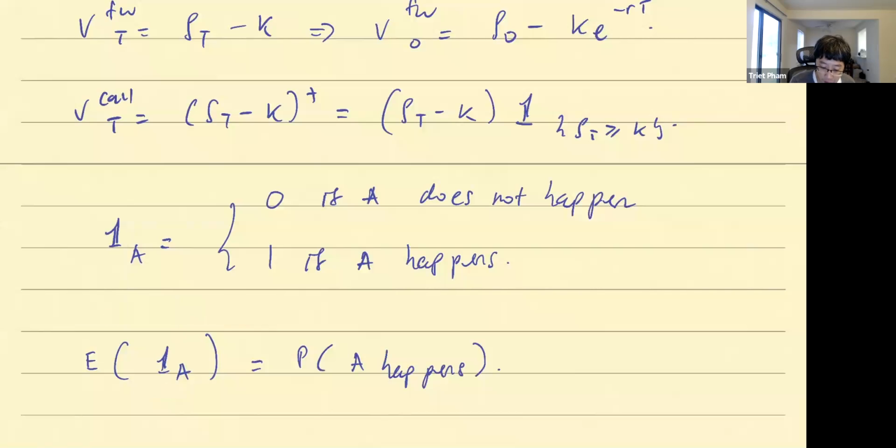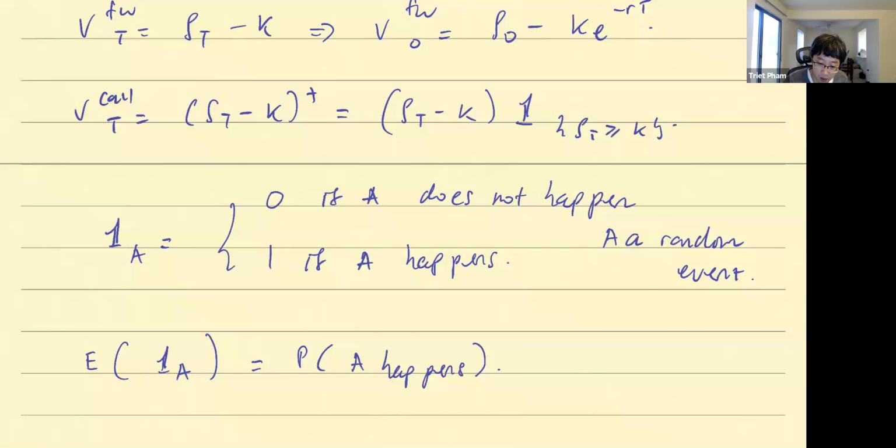The expectation of a random variable means you average that random variable over the values it takes and the probability that it takes on those values. Here the random variable is random because A is a random event, where the random event is that the call option expires in the money.